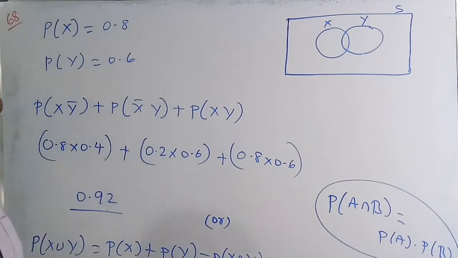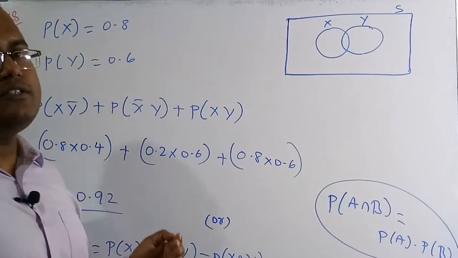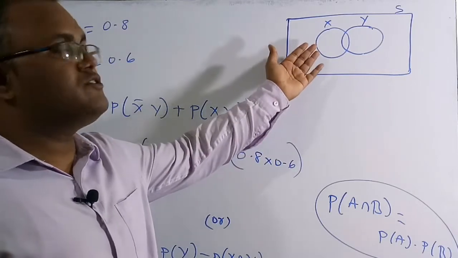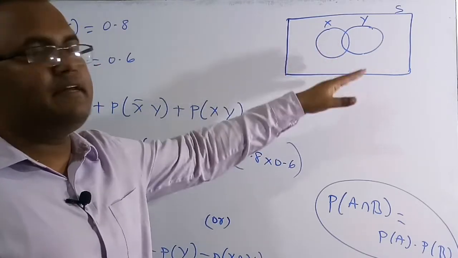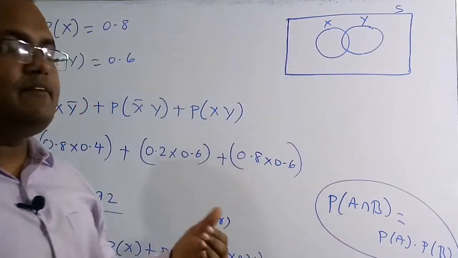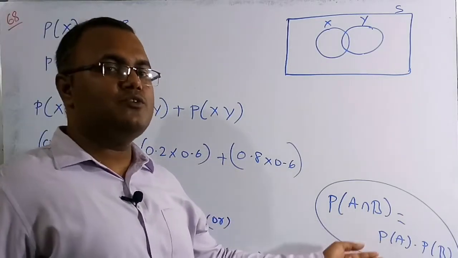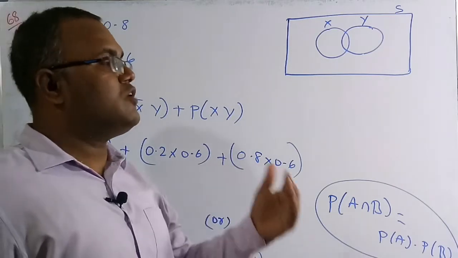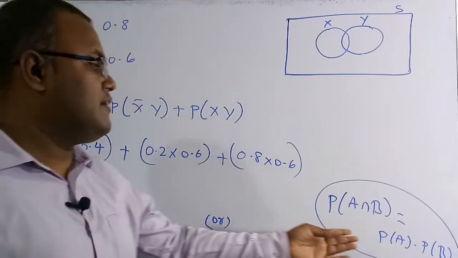See here, these two events are independent events because the probability of occurrence of event Y is independent of the probability of occurrence of event X. So both are independent events. Whenever they are independent events, the probability of A intersection B is equal to the probability of A into the probability of B. When the occurrence of one event does not affect the other event, we go for the product.